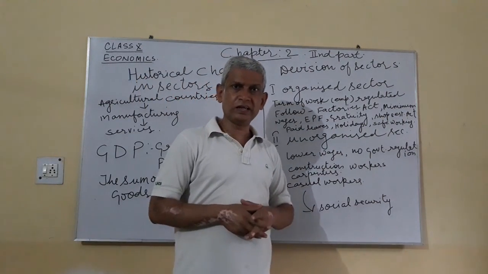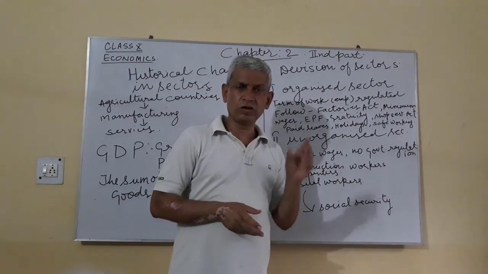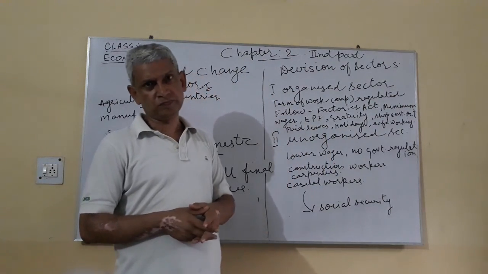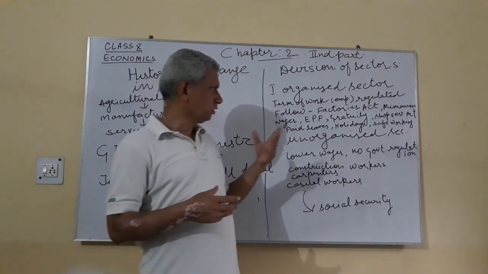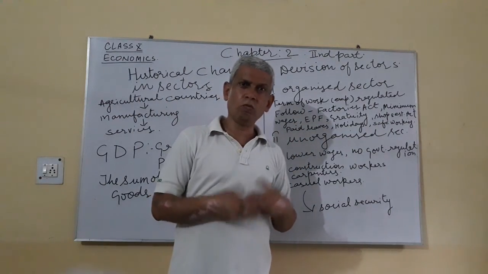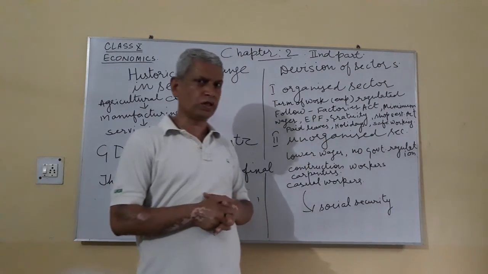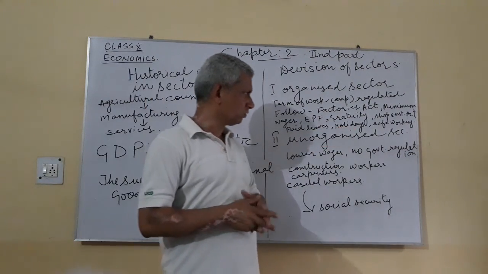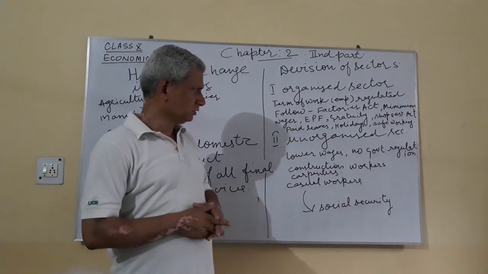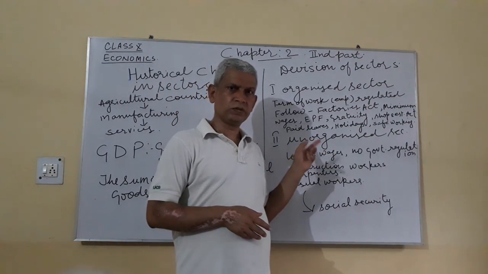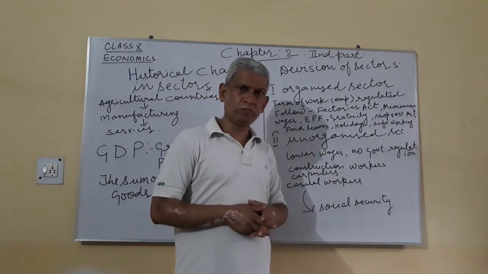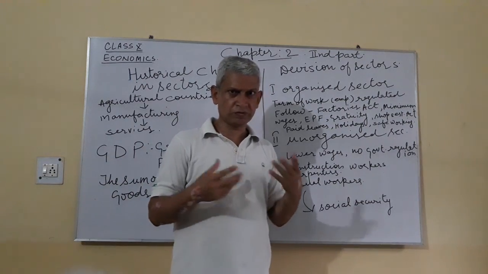But unfortunately, in India very few people work in this sector. The large chunk, can be 80 or more percent of the people, work in the unorganized sector. The wages here are very low. Sometimes they are not given even the minimum wages prescribed by the government.